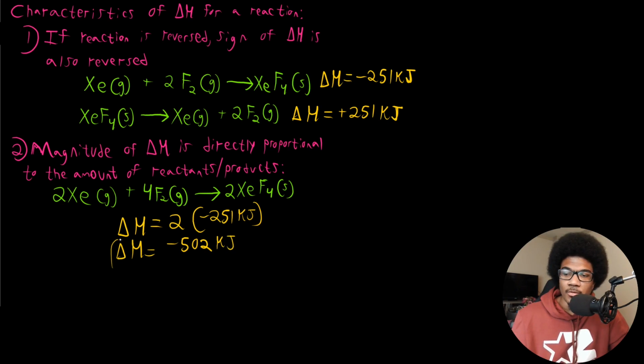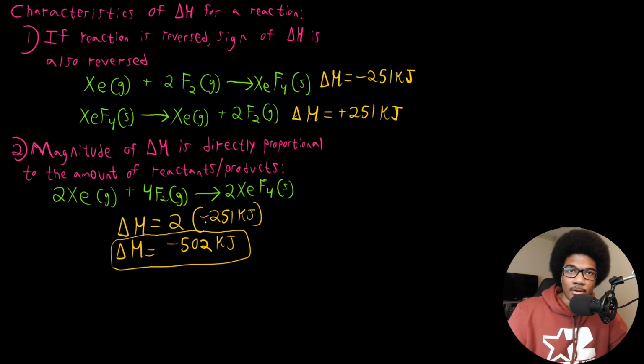We just multiplied it by 2. So if you double the amount that you have, you're going to double the amount of heat that's released. If you triple it, you triple the amount of heat released, et cetera. Basically, these are 2 characteristics that you need to be familiar with for delta H so that we'll be able to use enthalpies correctly and that we're getting the correct numbers and signs.